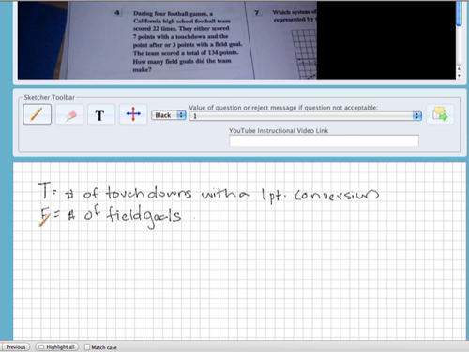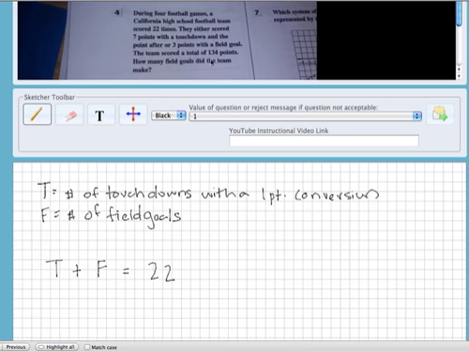Now we're going to start to put these in some equations that will describe the information that they're giving to us. It looks like they score 22 times. So they either score a touchdown or a field goal, but when you add them together, there were 22 of them.